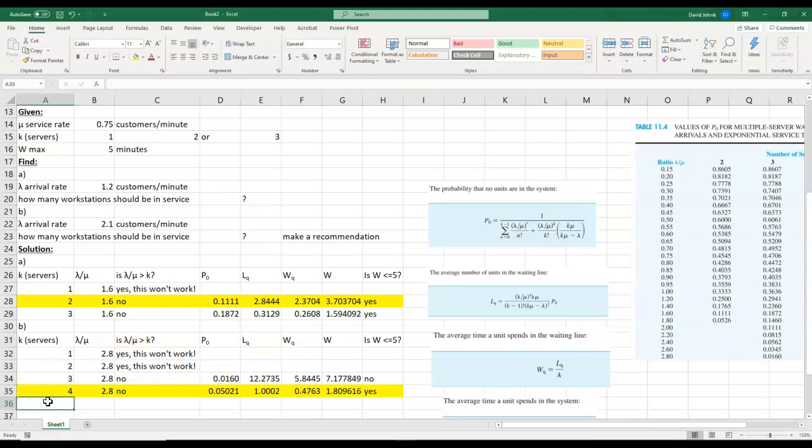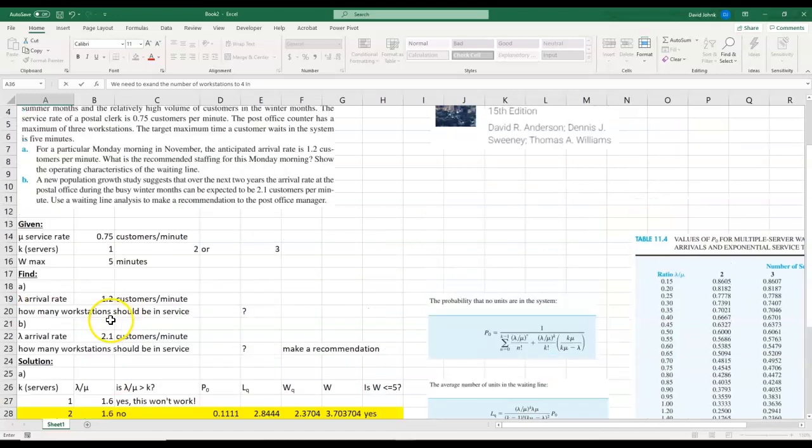So my recommendation would be we need to expand the number of workstations to 4. And what do they say?